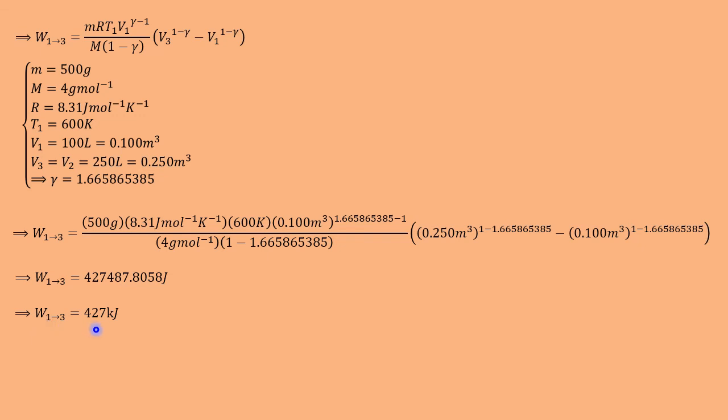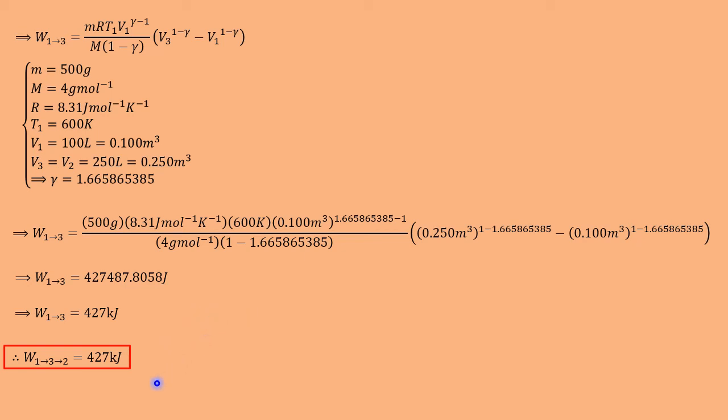Taking that to kilojoules and rounding up to the nearest unit, you should have W13 equal to 427 kilojoules. So the work done from process 1 to 3 to 2 is equal to 427 kilojoules. Here you can see that we haven't mentioned anything about the work done from 3 to 2, but from the diagram it should clearly be seen that process 3-2 is a constant volume process, so the work done there is 0, and that's why it was needless for us to calculate the work done from process 3 to 2.